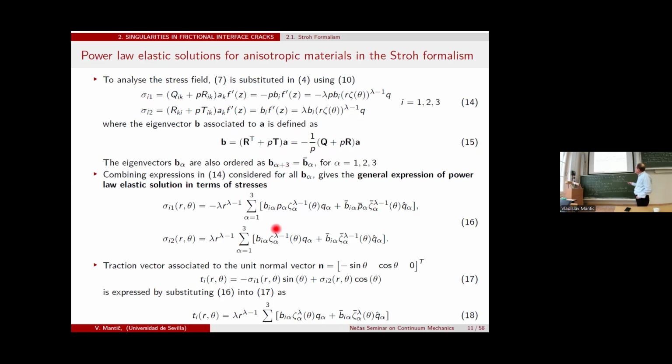So we obtain at the end this power law expression for stresses in any anisotropic material in terms of radial coordinate and angular coordinate.